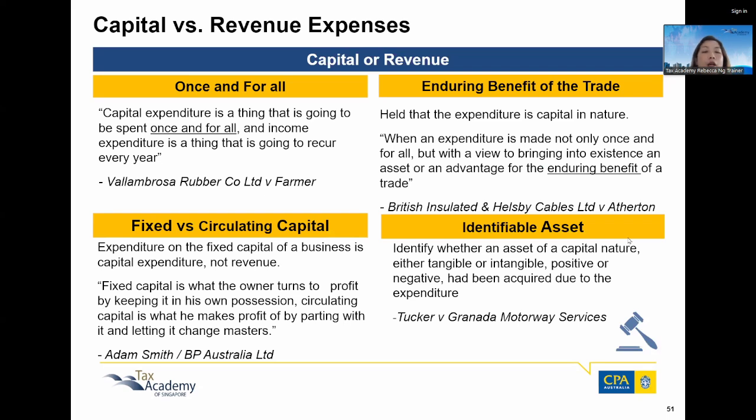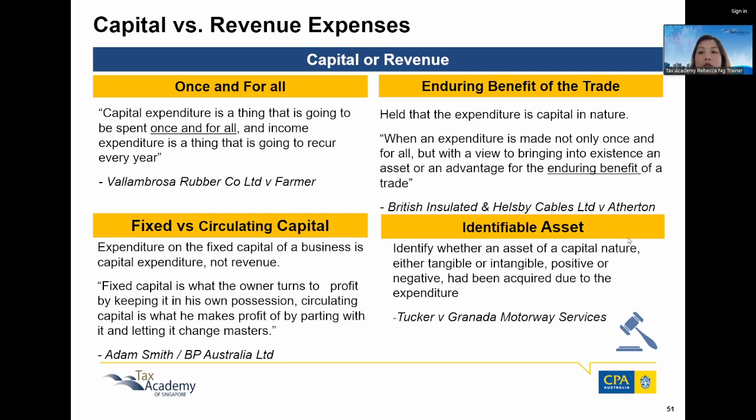For receipts, we do have to differentiate the capital revenue divide, and for expenses, it is the same. We have to identify what is capital versus what is revenue expense. So we have once and for all expenditure.